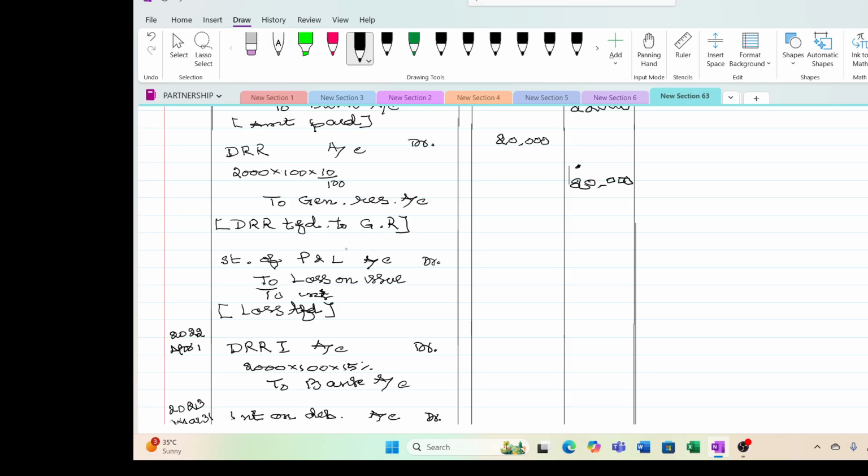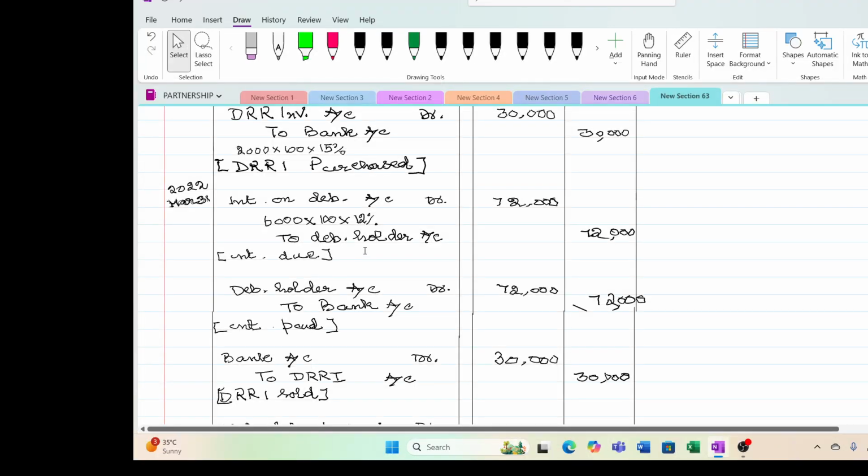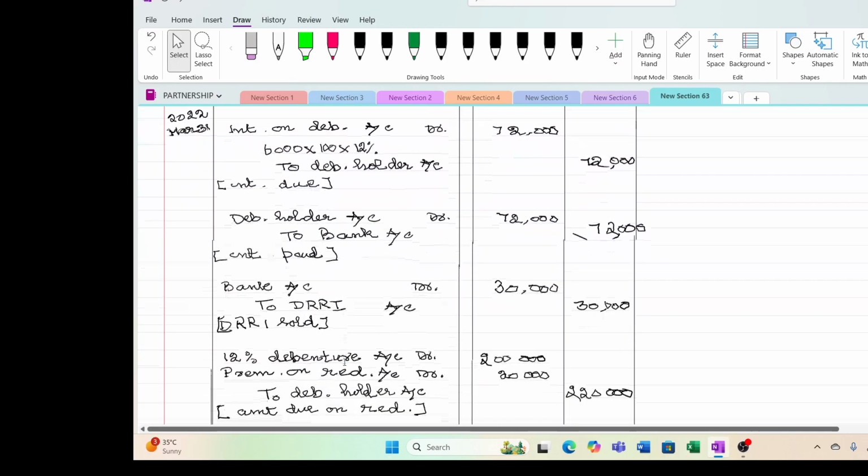Interest on debentures was 72,000 and the loss on issue was 90,000. So you can make it as 1,62,000, or you can transfer it then and there itself. Here we have made a due of interest on debentures and then we paid. You can transfer it here itself or you can transfer it separately.